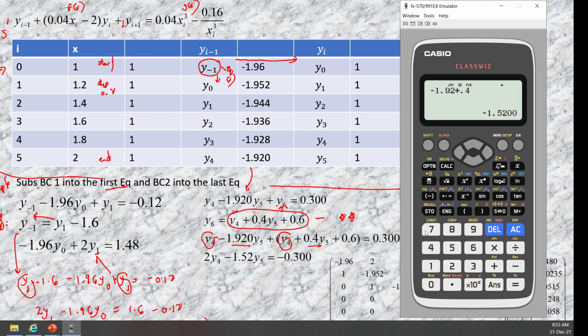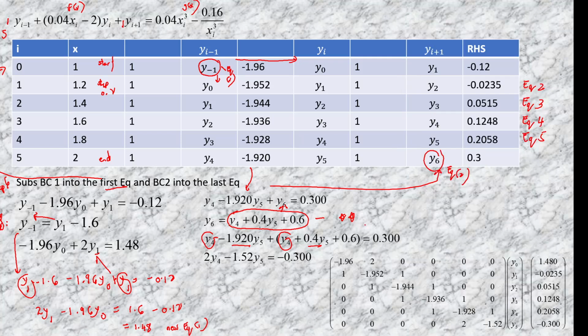Later on the 0.6, you bring to the other side, so it becomes 0.3 minus 0.6. That's why you get negative 0.3. This is the new equation 6.